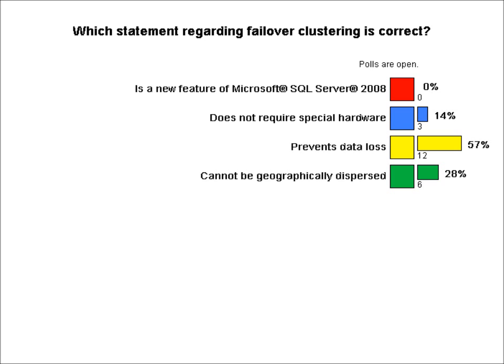And there we have just almost 50%. Again, we do prevent data loss with failover clustering. That's what we're trying to do, high availability. And as I mentioned, you can geographically disperse. That was one of the bullet items there.